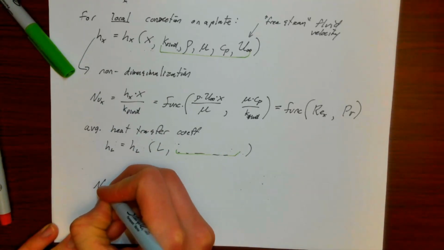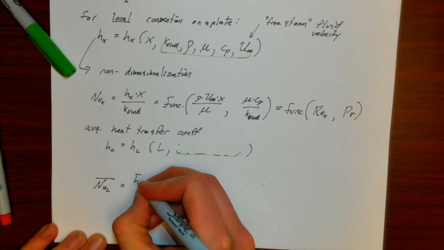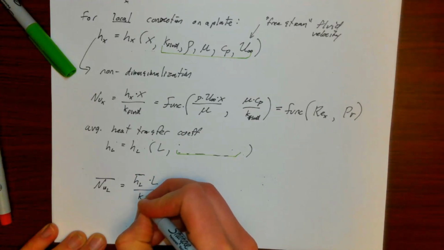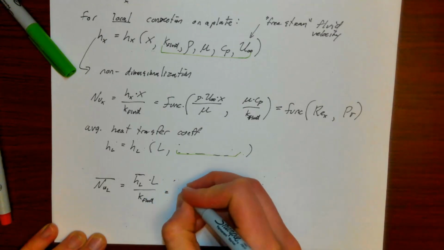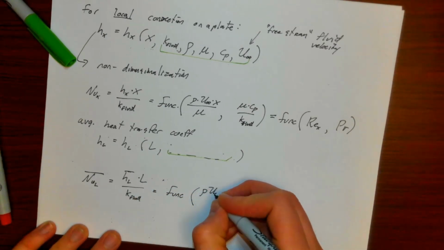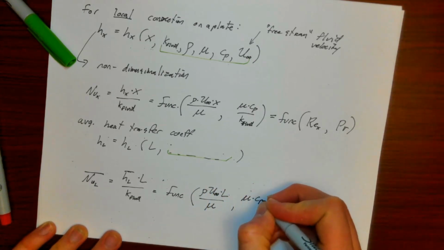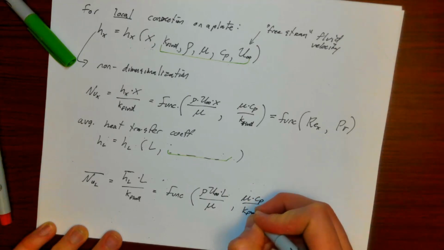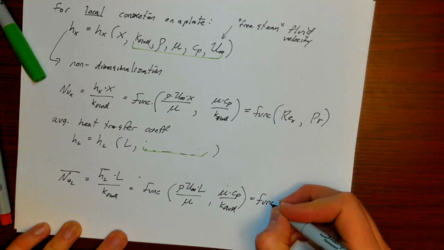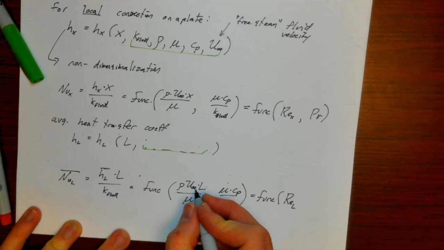In this case, it's a Nusselt number sub L, equal to h bar sub L times L over k of the fluid. And this is a function of rho times u infinity times L over mu, and mu times Cp over k of the fluid. And this is a function of Reynolds number with L as the length scale, and Prandtl number.